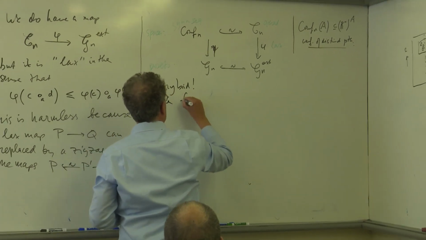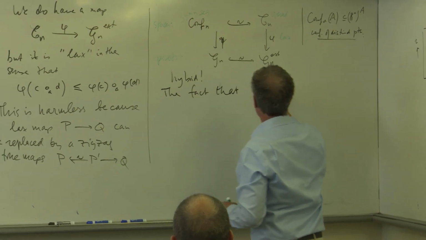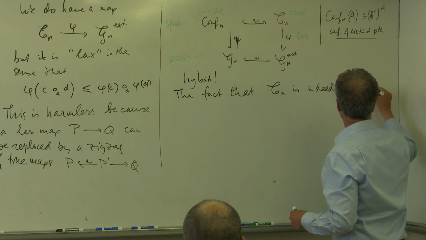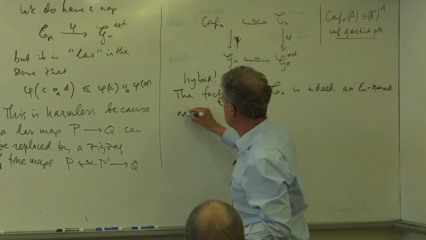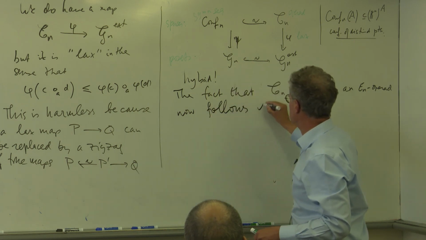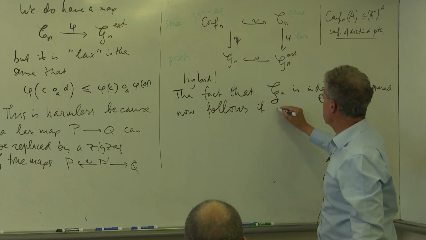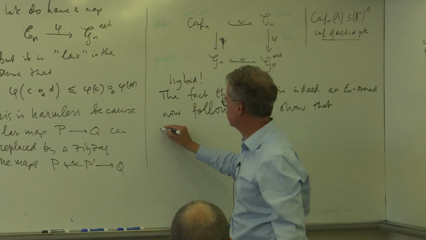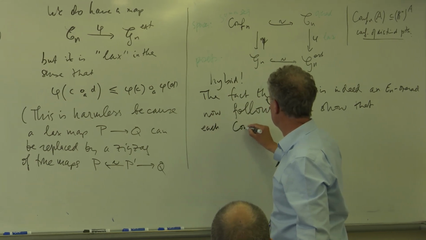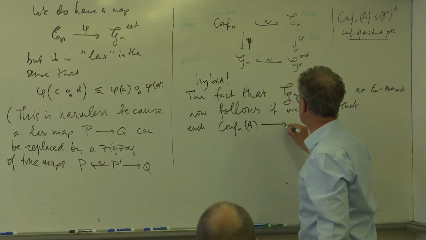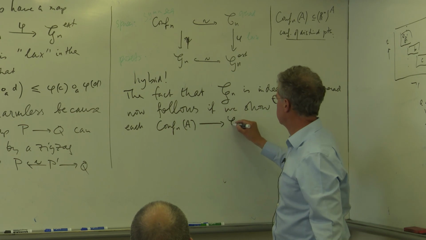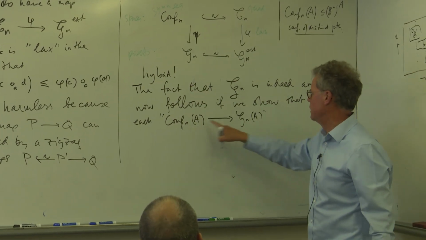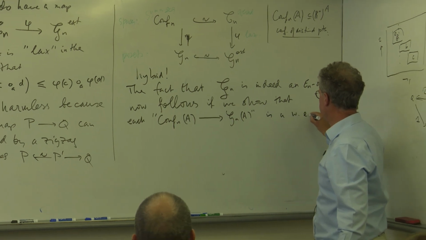So the fact that Cn is indeed an En operad now follows if we show that each Conf_n(A) to, well, I want to say GnA, but let me put it in quotes because it's a thing from a space to a poset, is a weak homotopy equivalence.